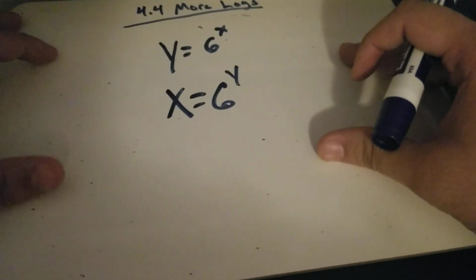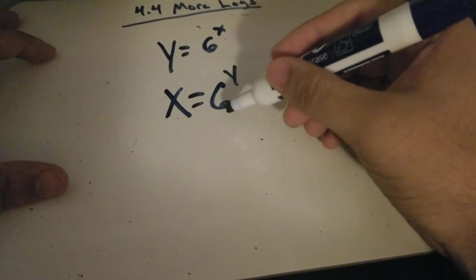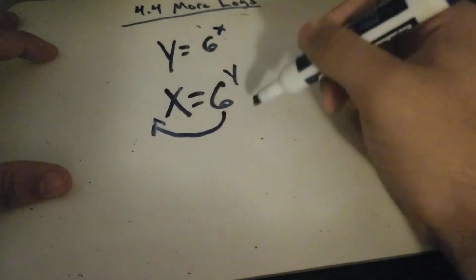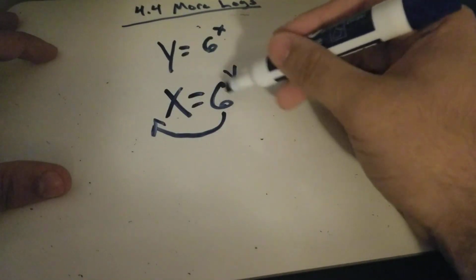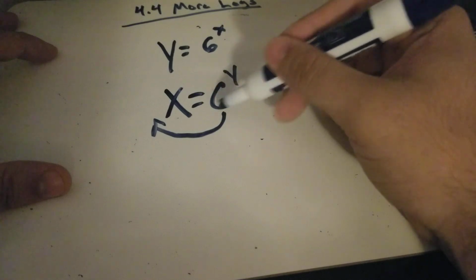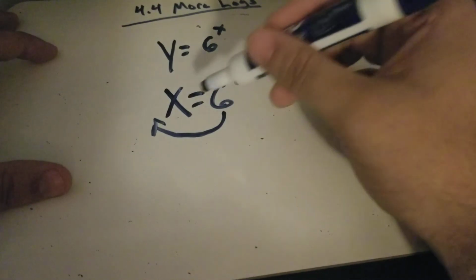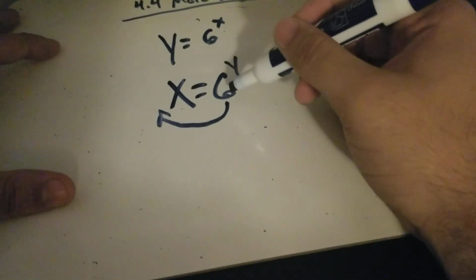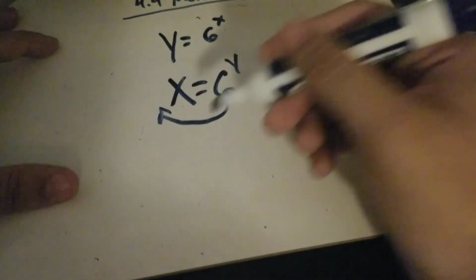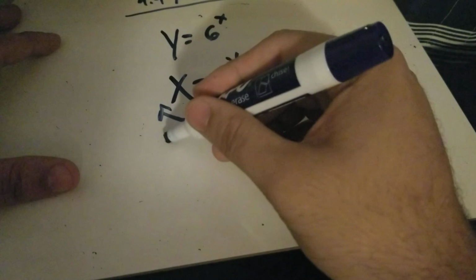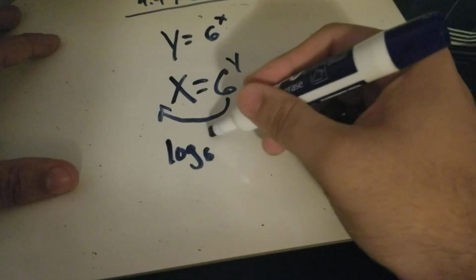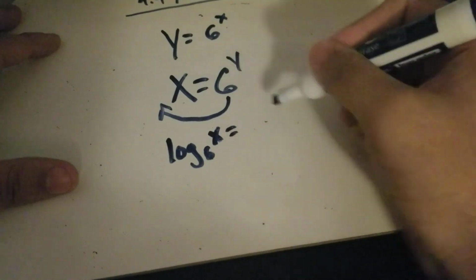Okay. Now, I want to get rid of this base of an exponent. What have we been learning this whole time about base of the exponents? What's the opposite of base of the exponent? It is the base of the log. So if I start off with an exponent, I should end up with a log. So over here is going to be log base 6 x equals y.